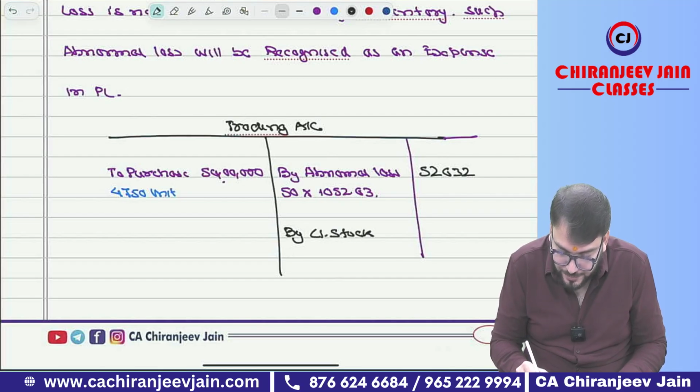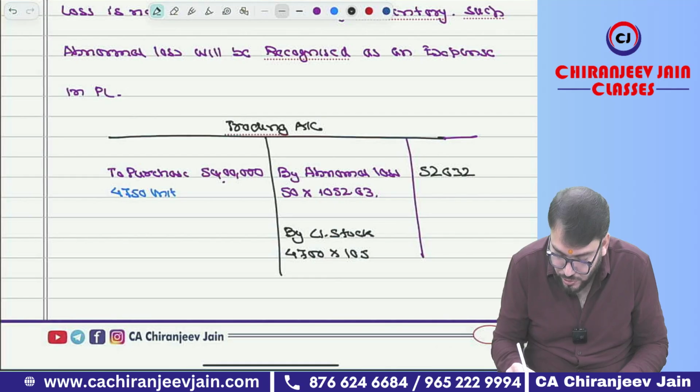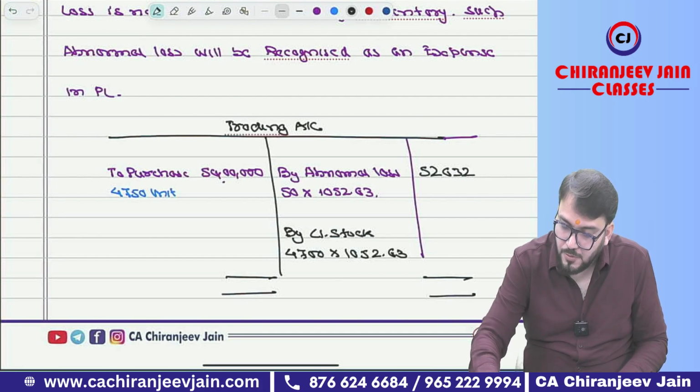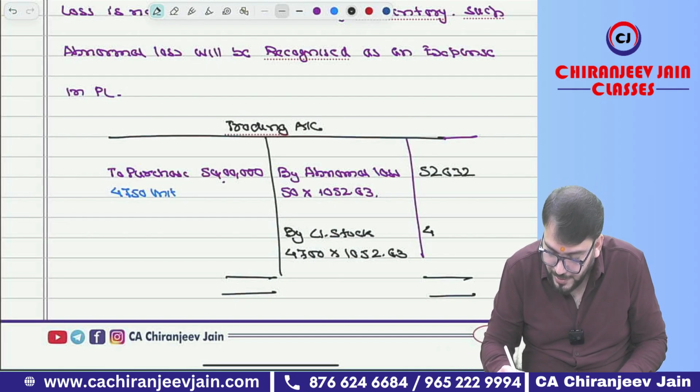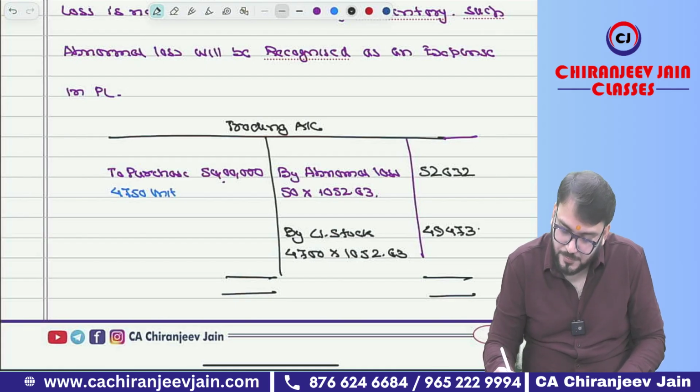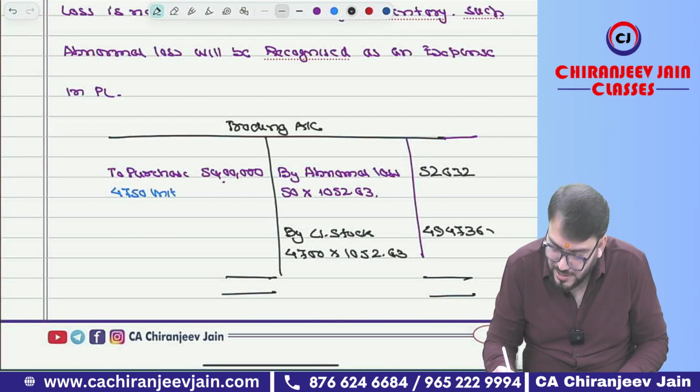Closing stock will be how many units? 4,700 into 1052.63. That will be 49 lakh 47,368 after rounding off.